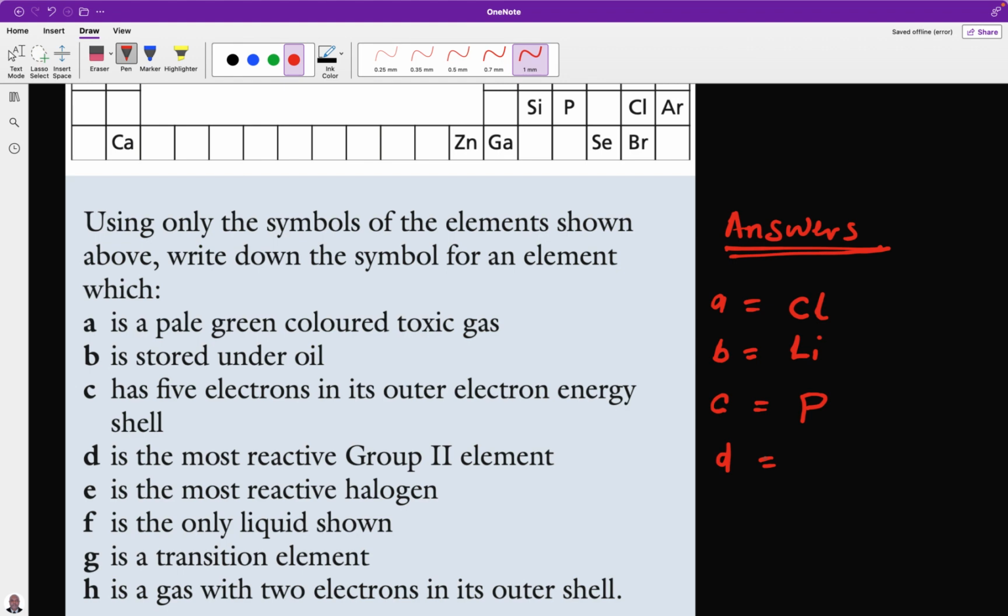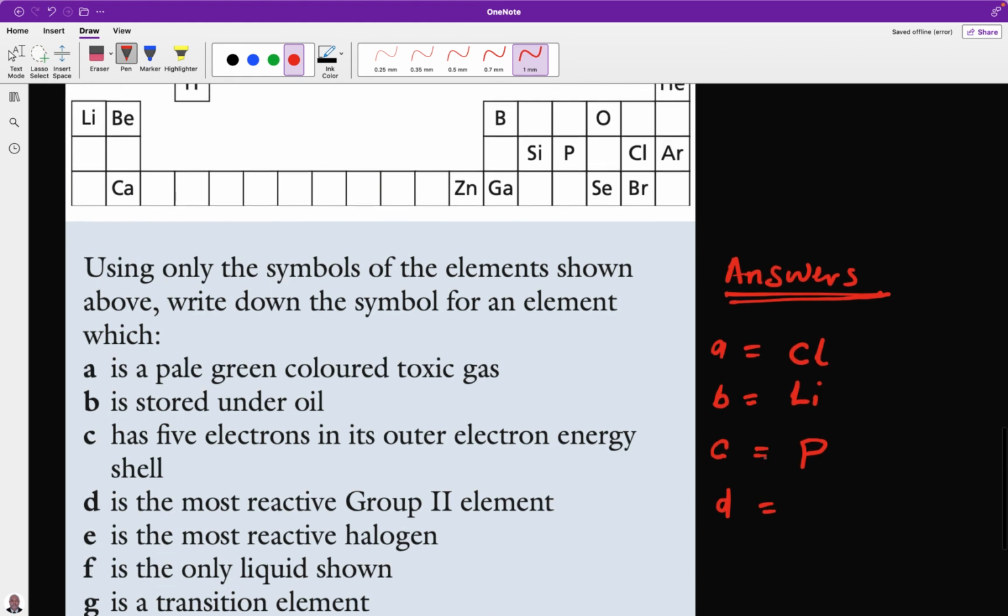The most reactive group 2 element here, as we said, reactivity increases down the group. So the most reactive element in group 2 will be Ca. This group 2 element is Ca, calcium.